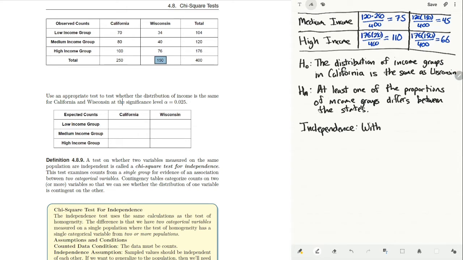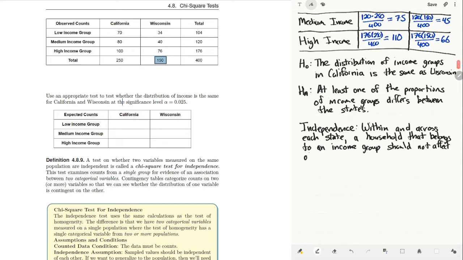So within and across each state, a household that belongs to an income group should not affect other households that belong to other income groups.